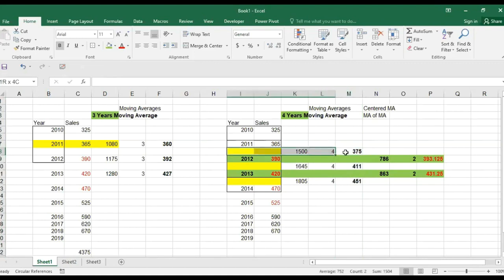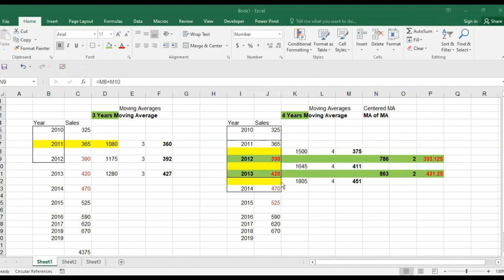So we need to do one more step, which we call the moving average of the moving average, and we take 2 years. Now you don't need to take 4. Here you just take this one and this one because you just want to make a center. So this is called the centered moving average or moving average of moving average. This is one concept which you need to learn and remember.